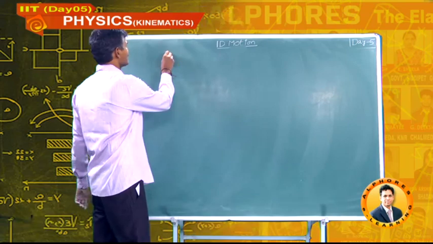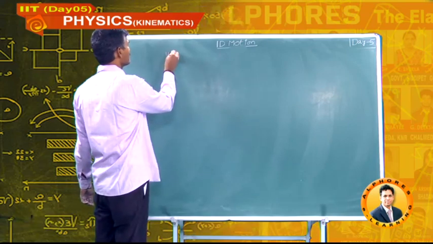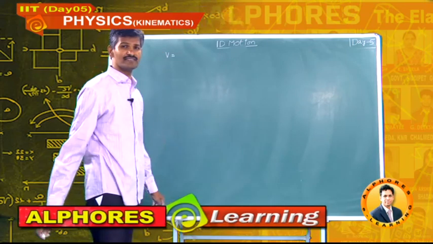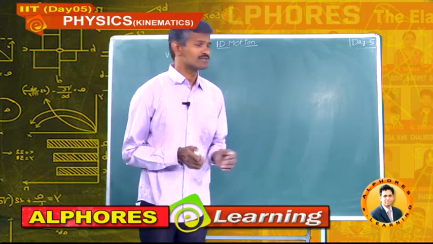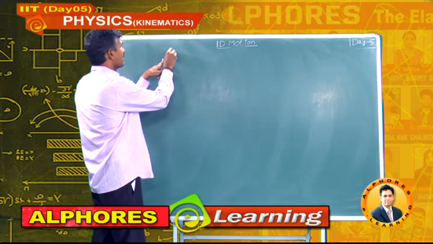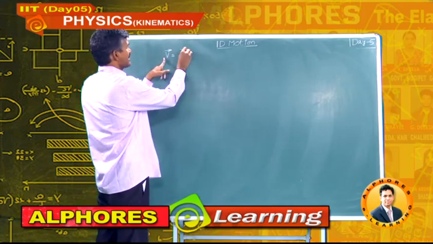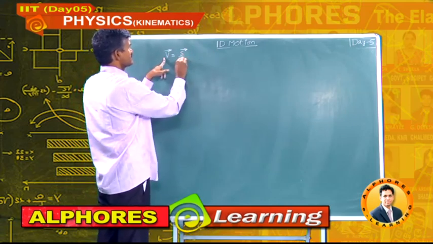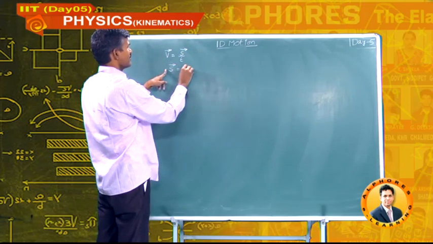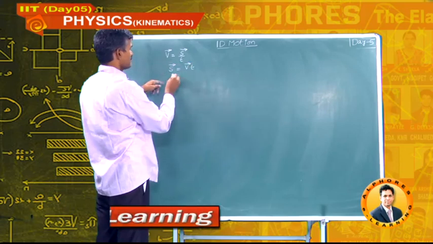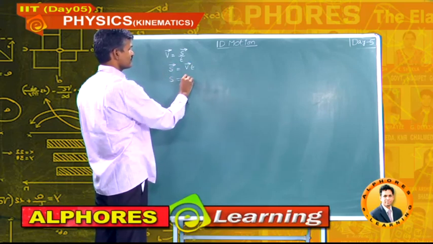Uniform velocity in the sense if a body covers equal displacements in equal time intervals. So, this velocity v bar, we can write it as s bar by t. So, this s bar is v bar into t. Particularly, s is equal to vt.